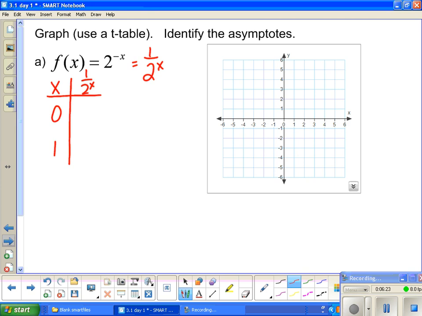Okay, 1 over 2 to the 0, 2 to the 0 is 1, 1 divided by 1 is 1, 1 over 2 to the first is 1/2. Notice it's pretty much the same graph that we just did, and here's my asymptote at y equals 0.